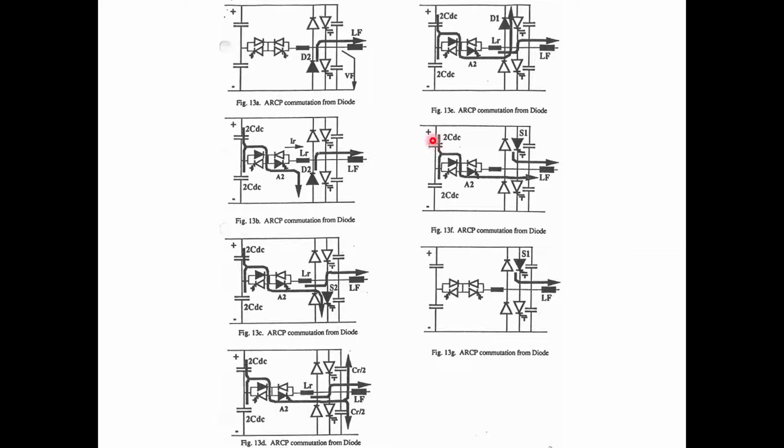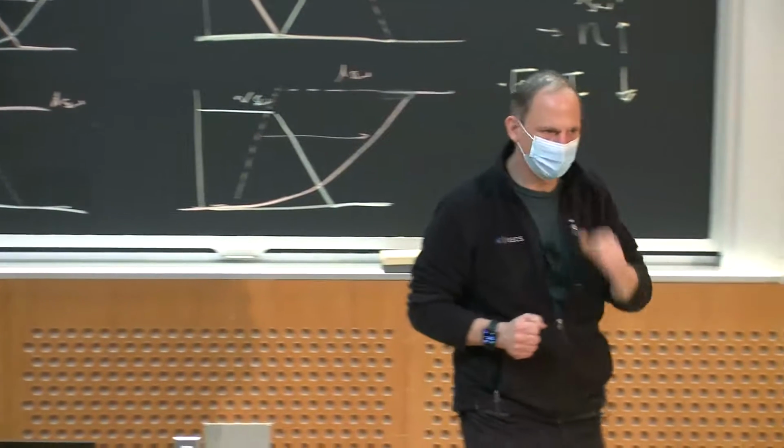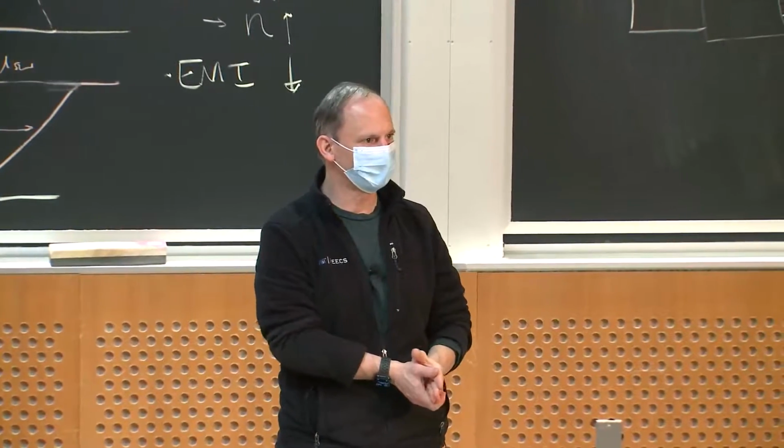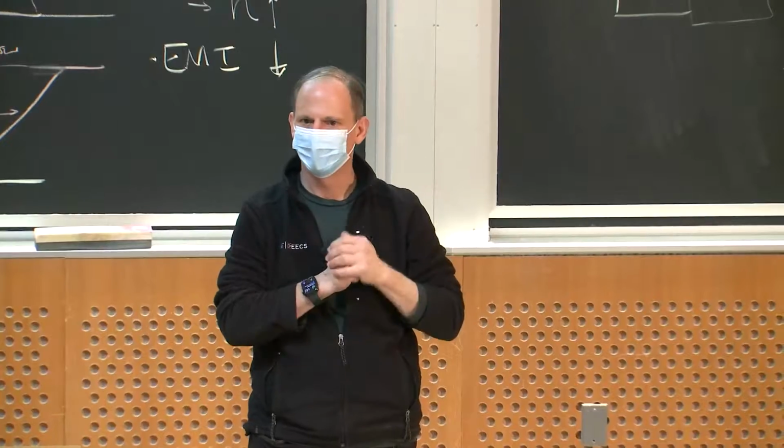So I've gotten from the bottom diode conducting to the top switch conducting by triggering the auxiliary circuit. And if you think of every other possible switching transition and direction of the load current, you can find a sequence that will let you use the auxiliary circuit to make that transition for you.